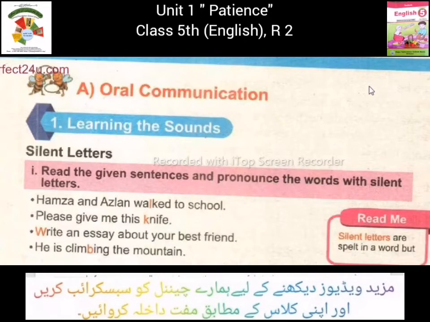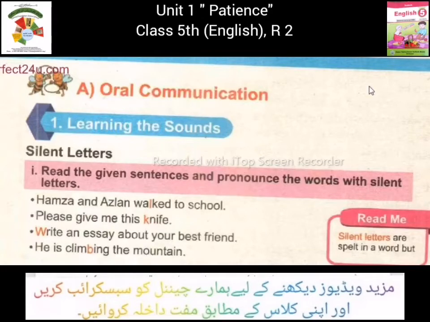For example, in the English alphabet, some words have silent letters. Some letters are silent because these letters are present in the words, but we do not pronounce or speak those letters in those words. So these types of letters are called silent letters.